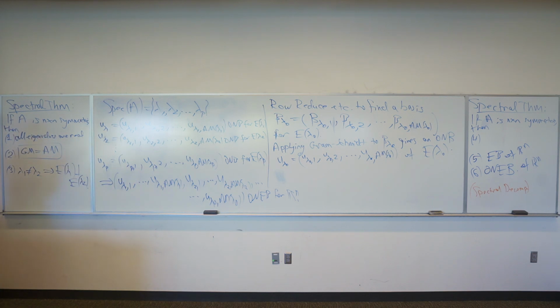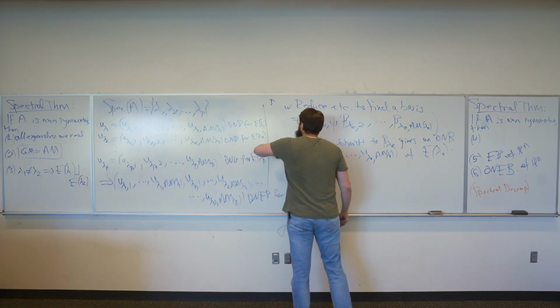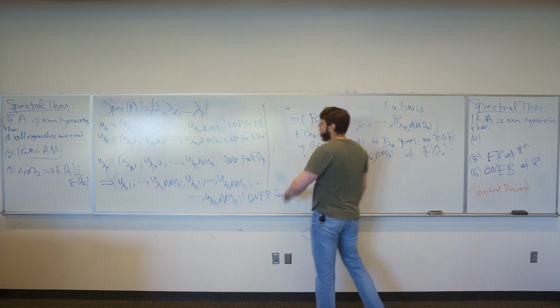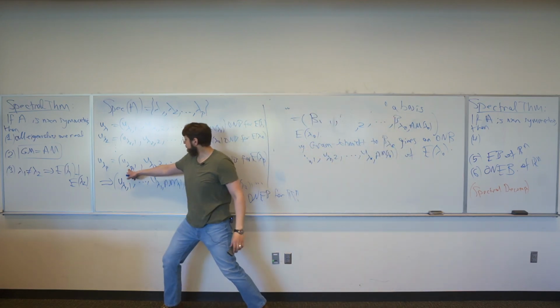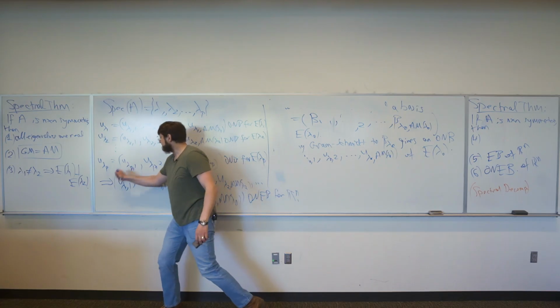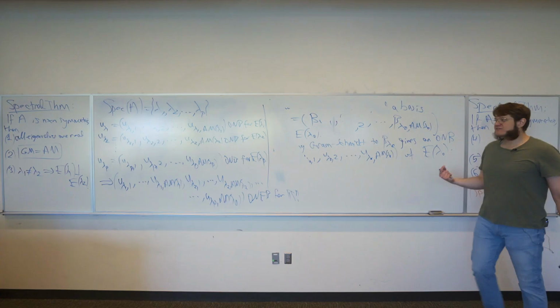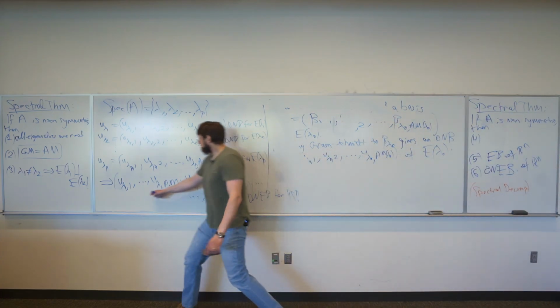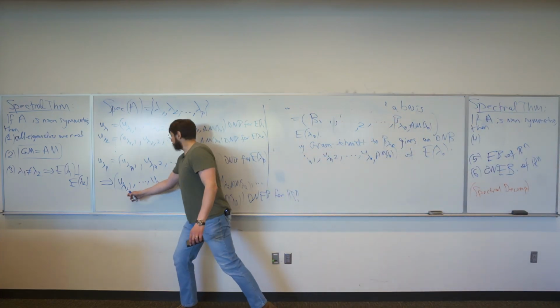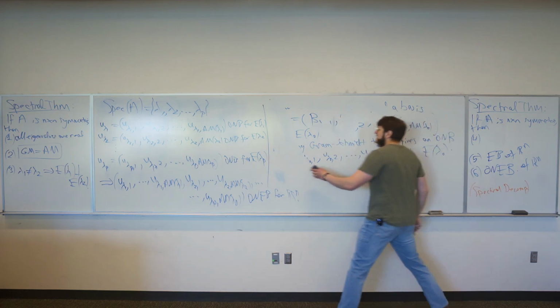Okay. What does this mean in this notation? So I'm using two subscripts here. The first subscript tells me the eigenvalue that this vector is supposed to be an eigenvector for. The second subscript gives me which basis vector I'm looking at for that specific eigenvalue.